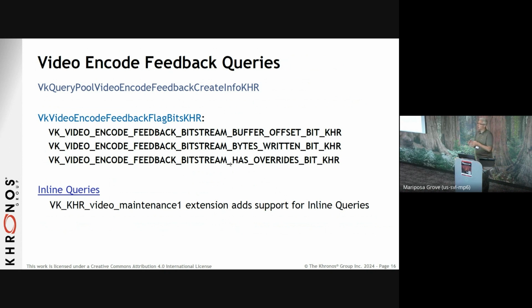So it's not 100% of what the application requested for the headers. In addition to that, what those feedback queries also report is the size of the output in the bitstream, the buffer which you provided, how much of this actually has been used.